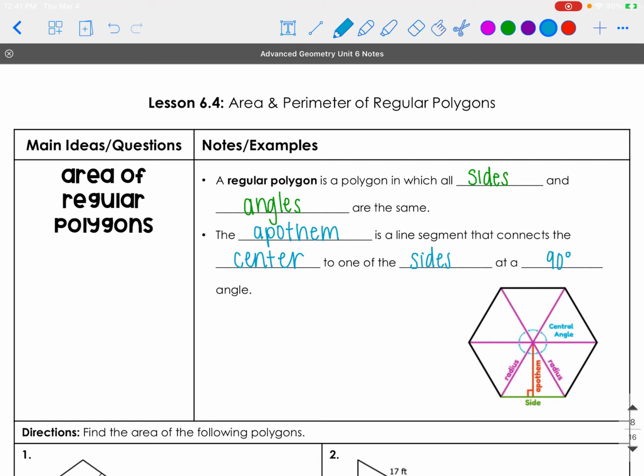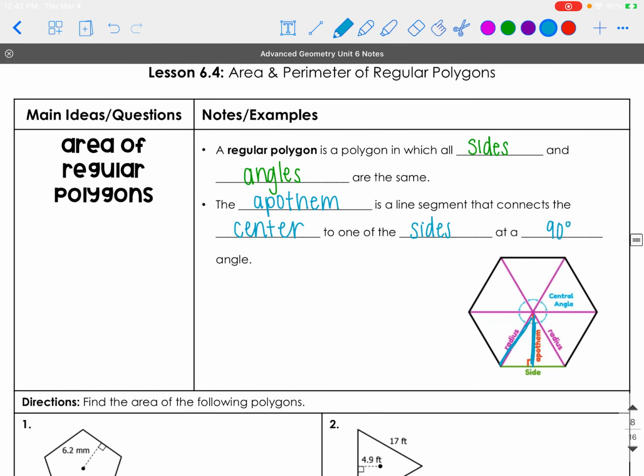And you can see down the image below, it shows a polygon where we have an apothem. Now the radius, that connects the center to one of the vertices. It's not the same length as the apothem.